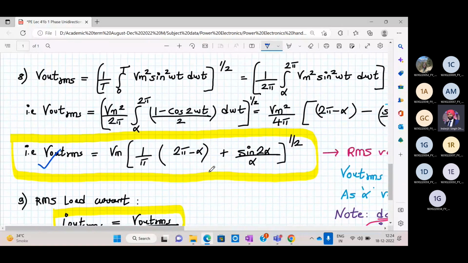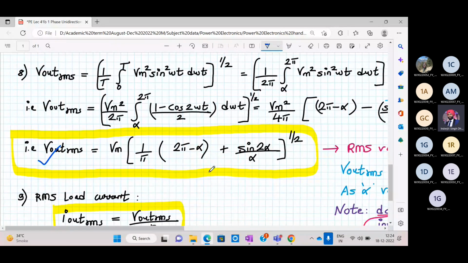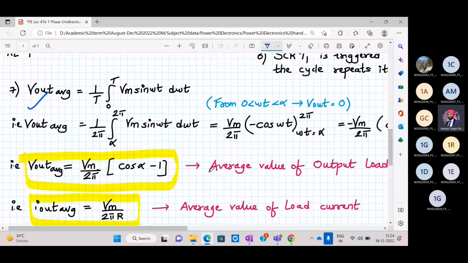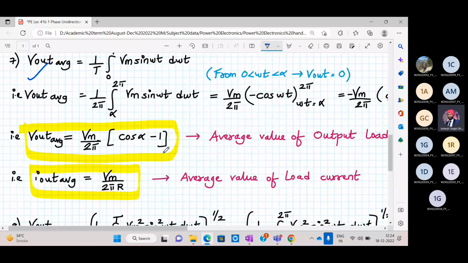Can you just tell me? I think you were discussing that V out average part when you were explaining the diode, the circuit part. Acha, this one. Yes, sir.